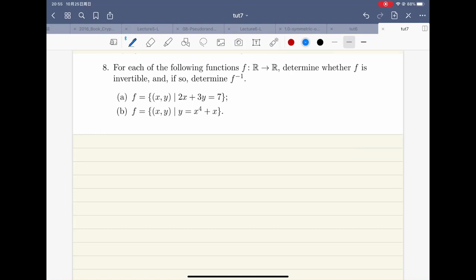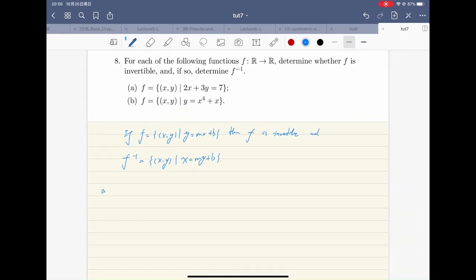So this function is one-to-one. And what's the inverse function? So if f equals (x, y) such that y equals mx plus b, then f is invertible, and the inverse of function f should be (x, y) such that x equals my plus b.